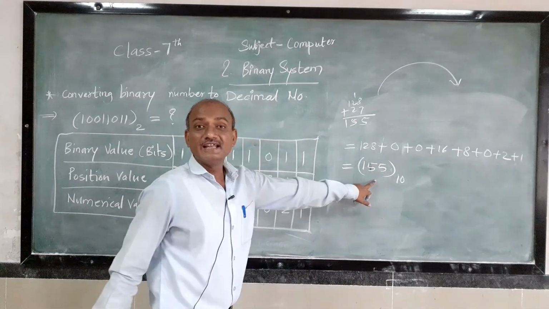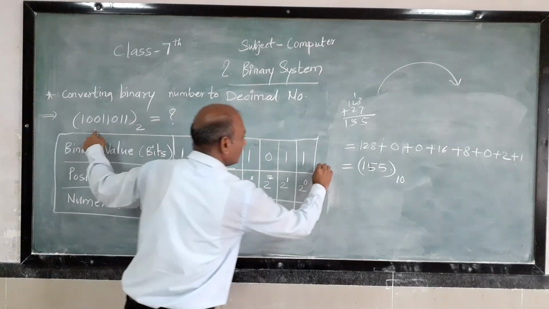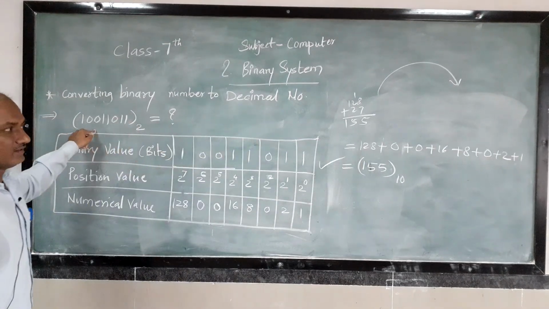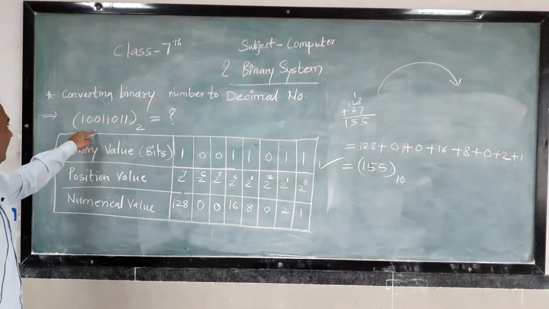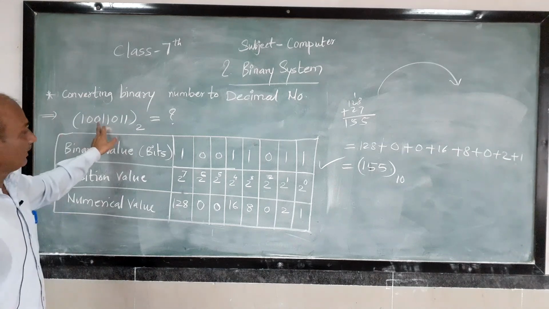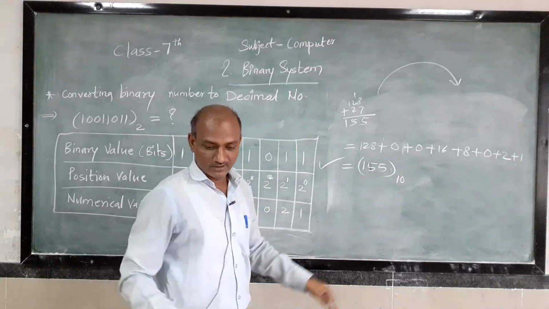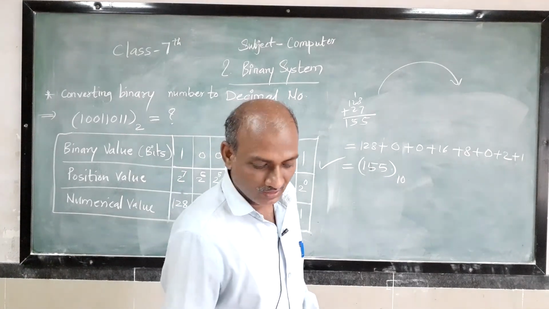This is the decimal number of this binary number. This is the answer. Okay? Understand how we can calculate binary number? How you can convert binary number to decimal number? Understand? Okay. One more example we can solve.